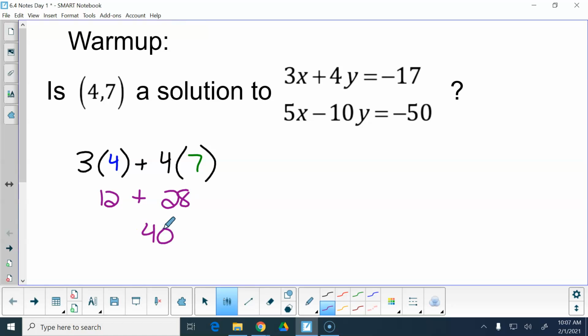Is 40 equal to negative 17? No. So right then and there, it's not a solution because it's not a true statement. So no, it is not. Not a solution.